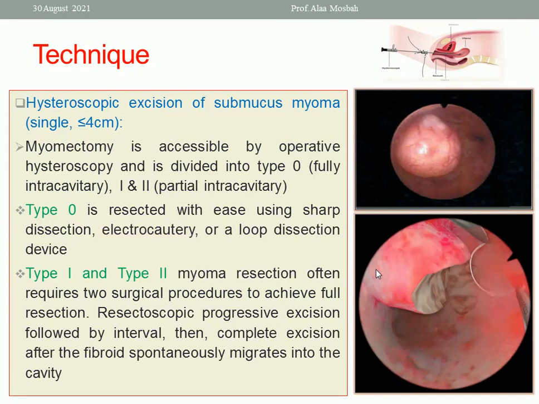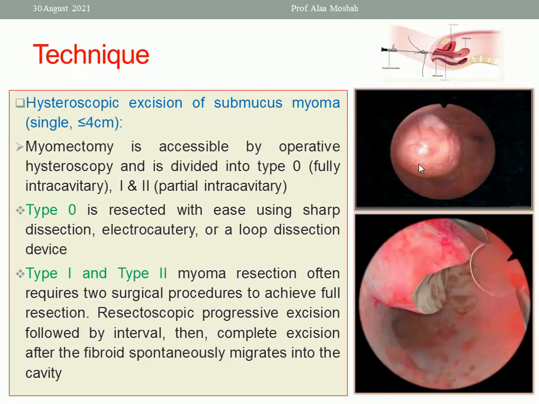You can divide the myomas which can be dealt with by hysteroscopy into three types: 0, 1, and 2. You remember the FIGO classification of leiomyoma? Type 0 is completely intrauterine with a pedicle.